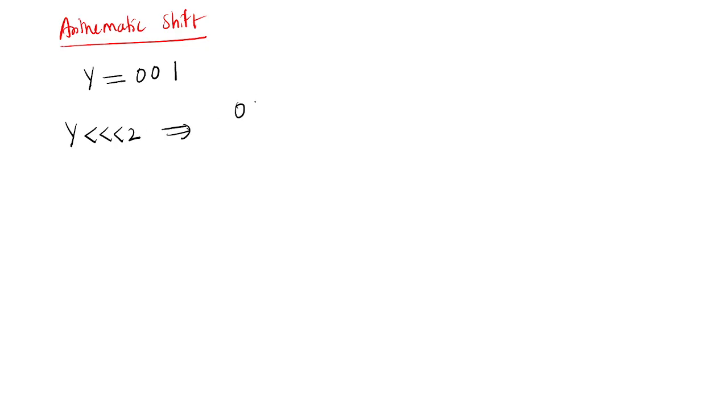First shift: for 0 0 1, this bit will go, the others will be shifted over, and whatever the vacant position is there will be loaded with 0. Second shift: again this bit will go, this will come to the MSB position, the others shift, and the vacant position will be loaded with 0.